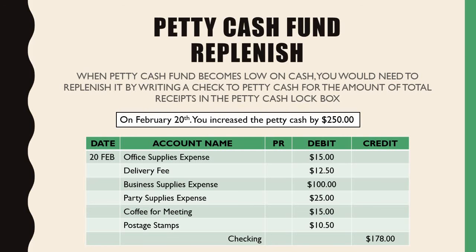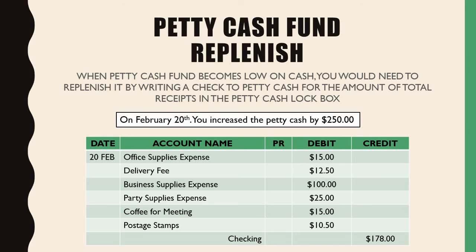Now, you need to know that in order to replenish a petty cash fund, if your box is full of receipts, and right here for this example, I have a total of $178 of receipts, and my remaining amount is obviously going to be cash.